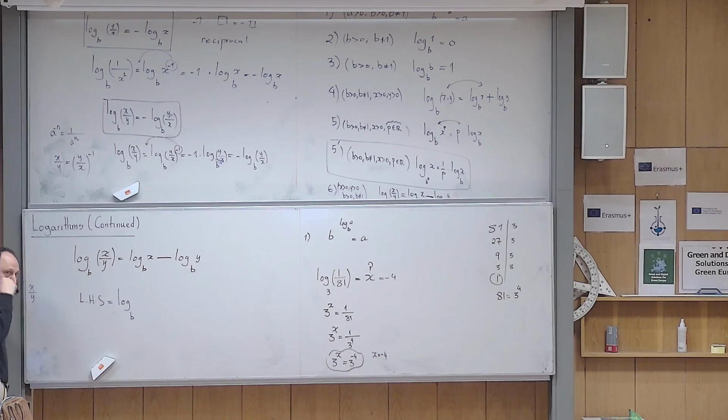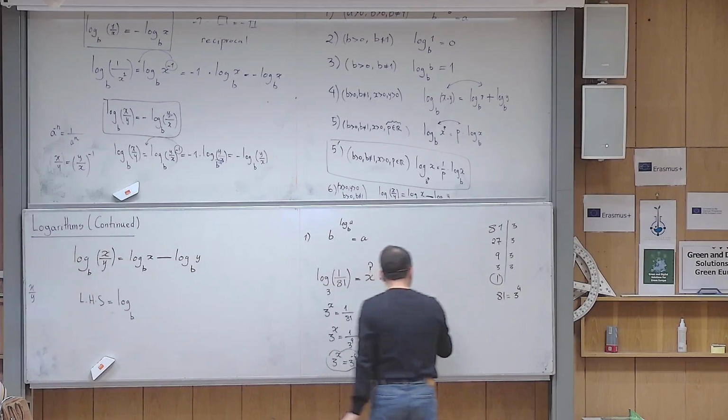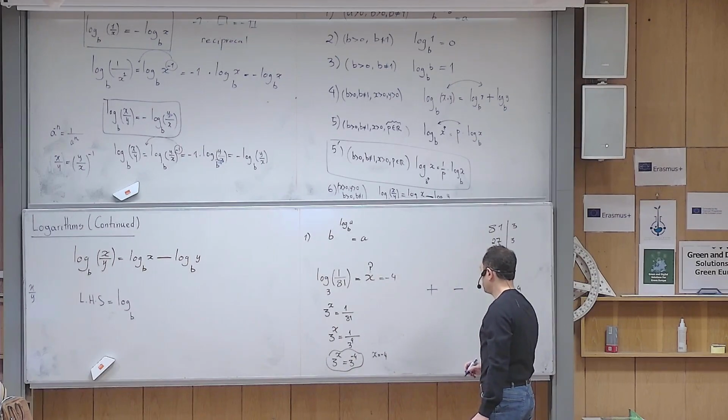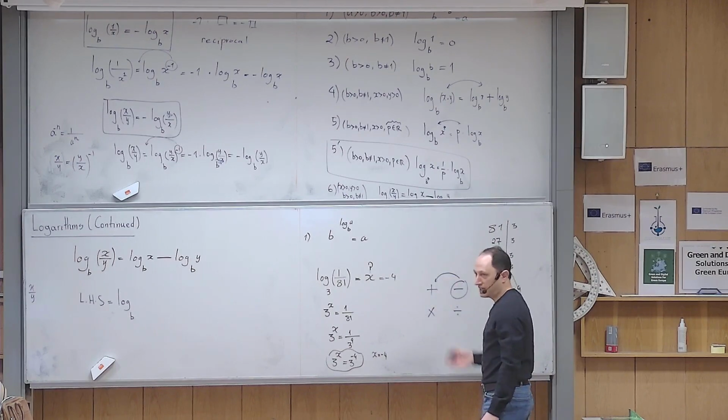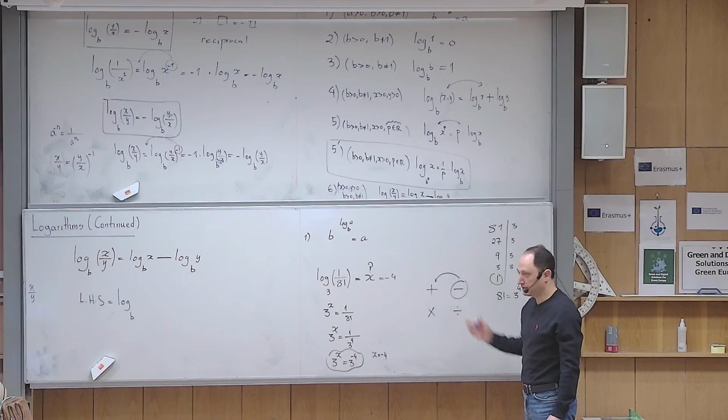I want you to remember this in the back of your head. So if I say this symbol is addition, this is subtraction, this is multiplication, and this is division, for example, I want you to understand that subtraction is more or less the same as addition. Yes, any subtraction can be viewed as an addition.